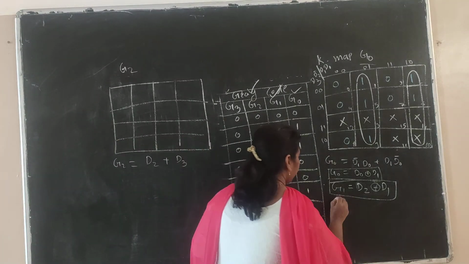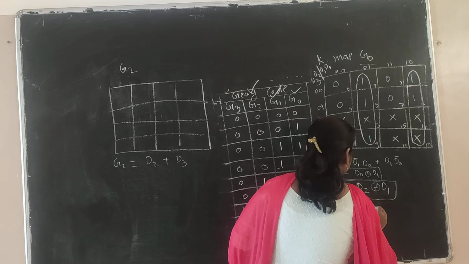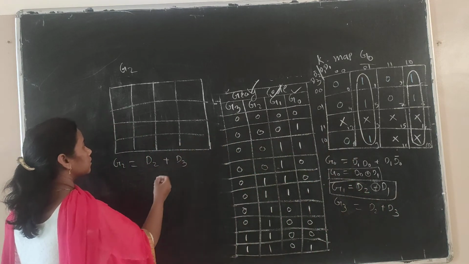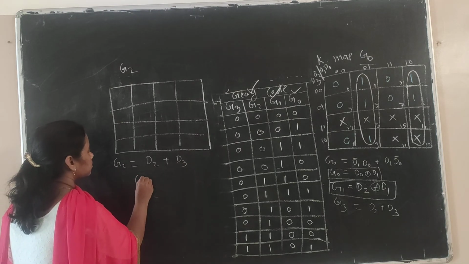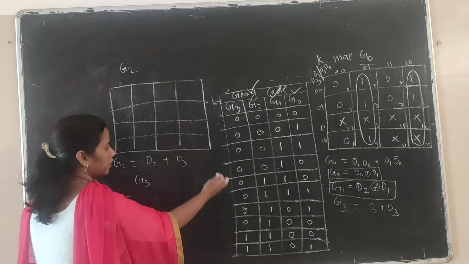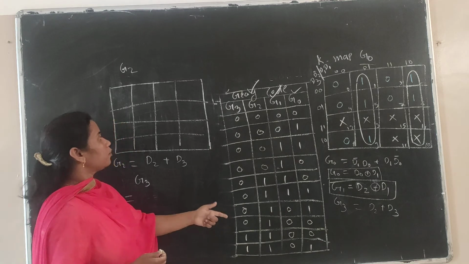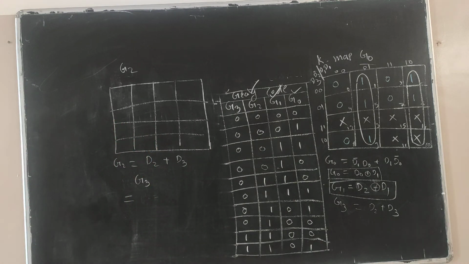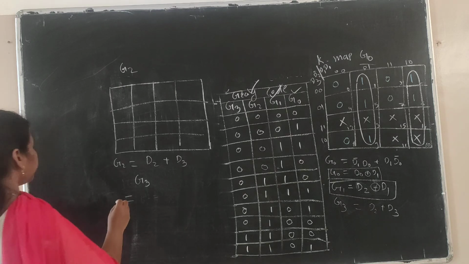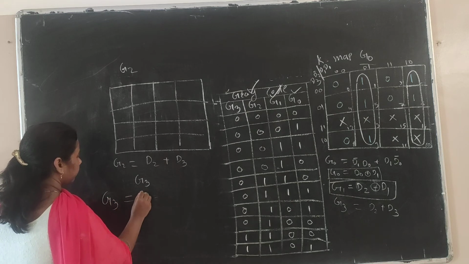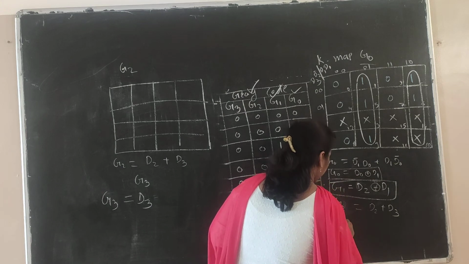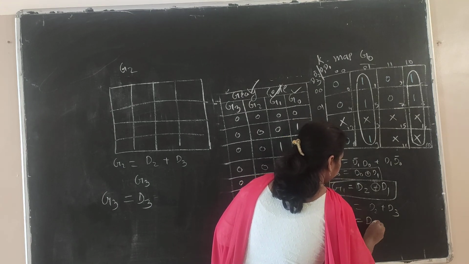That's why equation for this is D2 plus D3, and when we solve the K-map for G3 and put all these outputs in the K-map, at that time we get the output for G3 is equal to D3. And that's why here we put G3 is equal to D3.